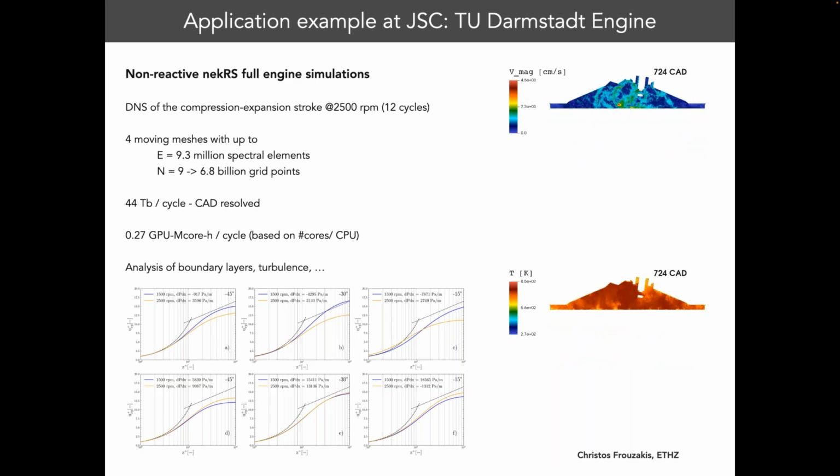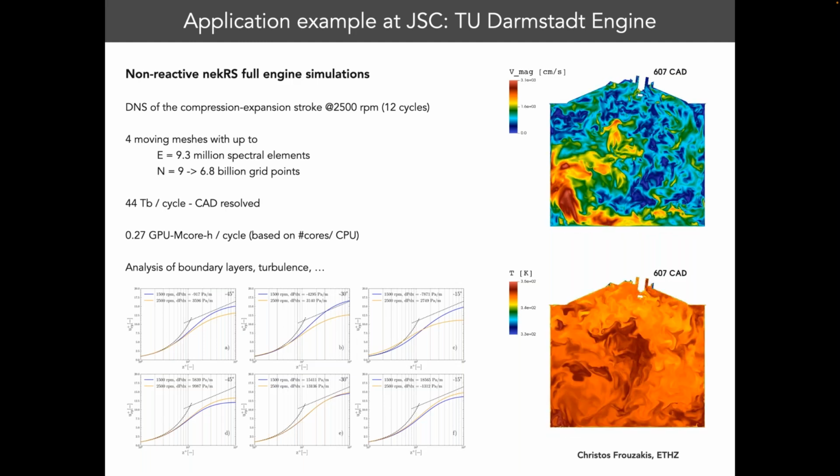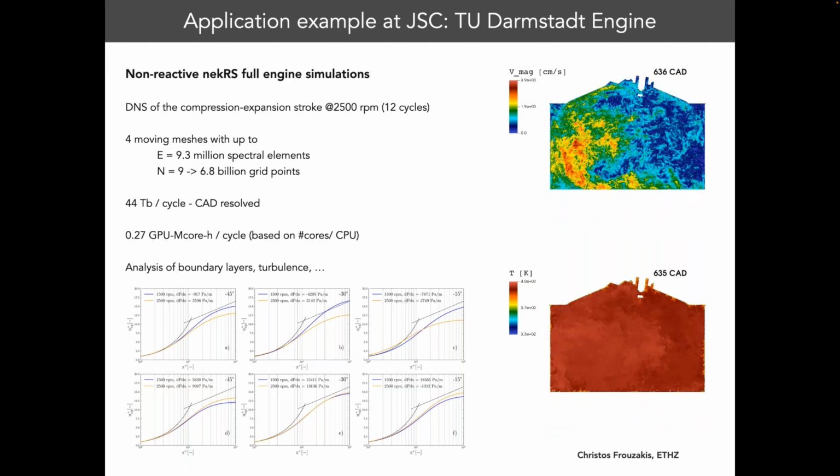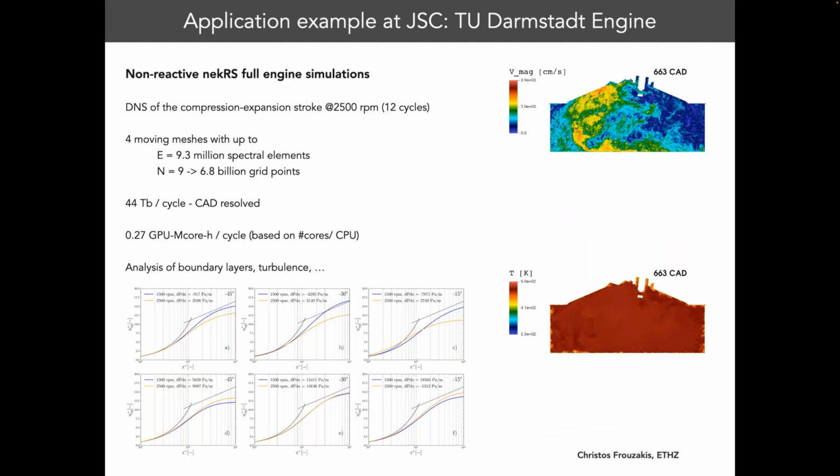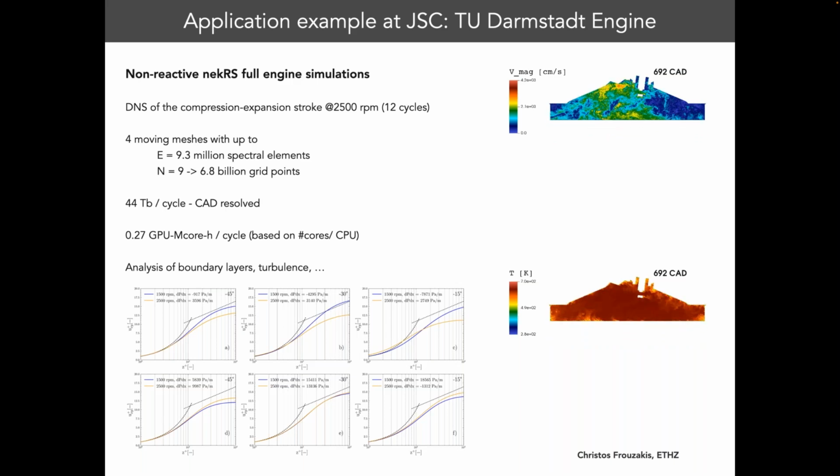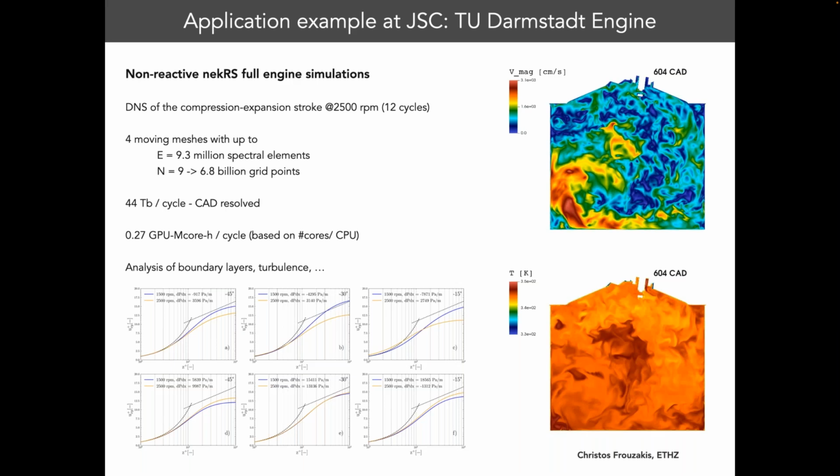So you can run these simulations, and I always find them quite cool. It's looking cool how the turbulence and the tumble goes on, but obviously at the end we also want to tackle science or improve industrial processes. So you can do some analysis here.